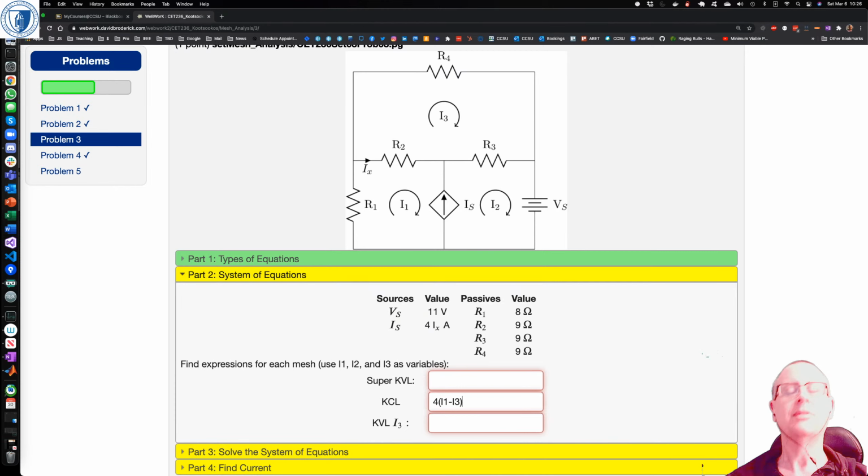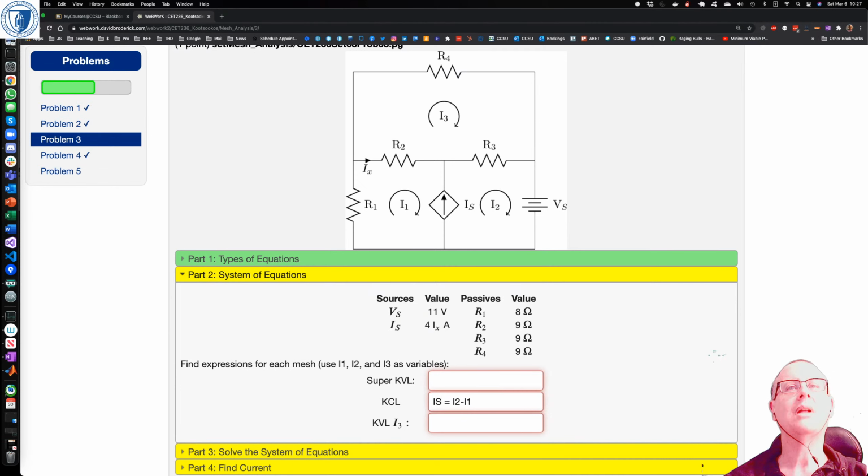Yeah, and then that's IS. So let's just start from the beginning. What I was trying to start with is IS equals I2 minus I1. The trouble is we don't have an actual value for IS. We don't have a current number, because it's a dependent source. It's in the diamond rather than in the circle. So the information we're given is 4IX.